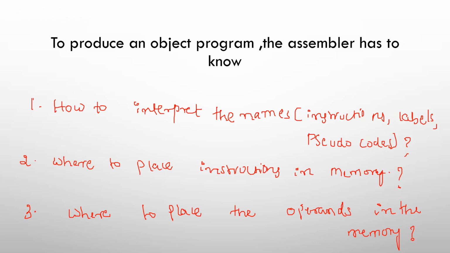A simple program structure can be considered in order to identify the names like instructions or labels or pseudocodes, where to place the instructions within the memory, as well as where we can place the results, that means operands or results within the memory.